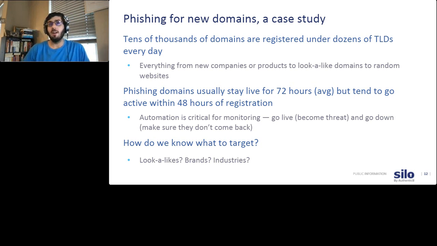So I took one day of newly registered domains, specifically January 3rd, and I looked at all the domains that had the word bank in them. This reduced the list of about 50,000 domains down to about 150 domains, so a much more manageable sample size. We know finance tends to be targeted heavily, so we thought the word bank would be a good example to use for this, and we were right.